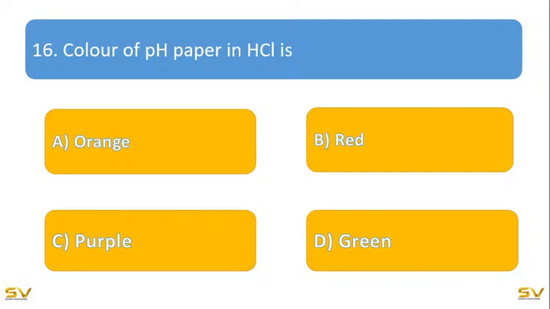Color of pH paper in HCl. So is it orange? Is it red? Or is it purple or green?